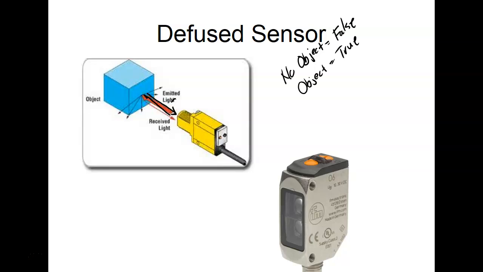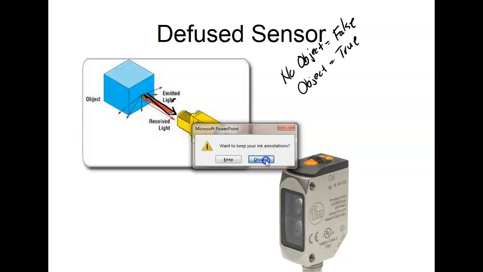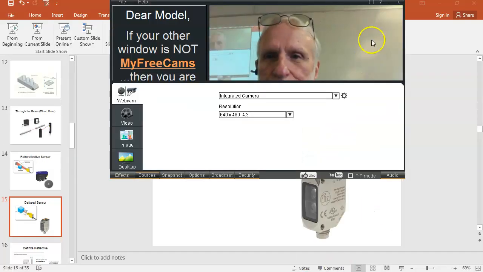So through the beam, one of these usually pops up, but let me bring up my camera again. So I'm going to choose something. Can y'all see this?